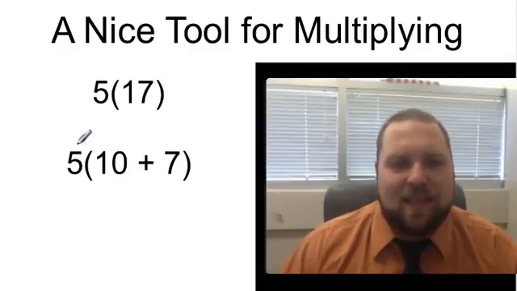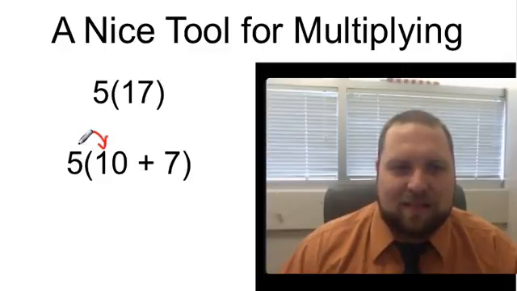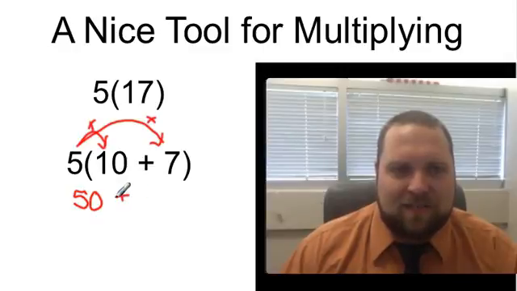And there is a neat fact with multiplication: taking 5 times 10 plus 7, I can take the 5 times the 10, multiply those together, 5 times 10 is 50, and then I can take 5 times 7, multiply those together, and I get 50 plus 35, which is 85.